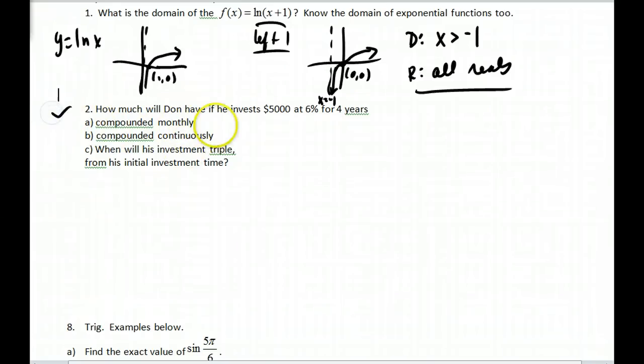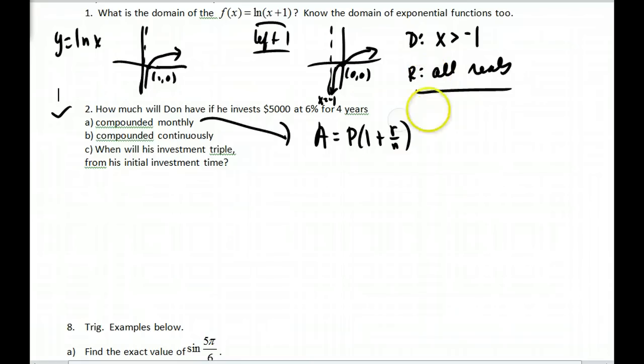Next question. Don has this money to invest at 6% for 4 years, compounded monthly. Remember these formulas. A is equal to P times (1 plus r divided by n) raised to the nt. If you need more information on all these, go back and watch the full video. But this is the formula that we want. N is equal to 12 because we said monthly.